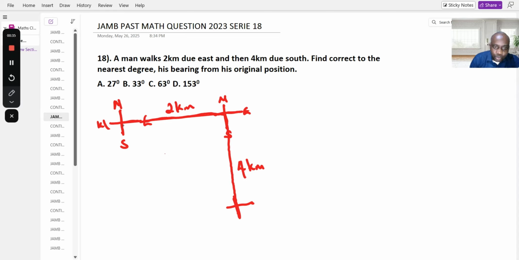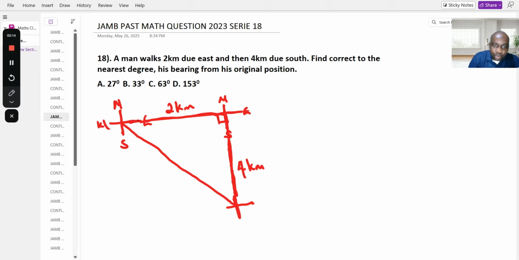Therefore, for its bearing, we will now join where he stopped to the starting point. We join it together like this. We join this one together. This one is like this. Therefore, if you look at this, this face is 90 degrees, a right angle.